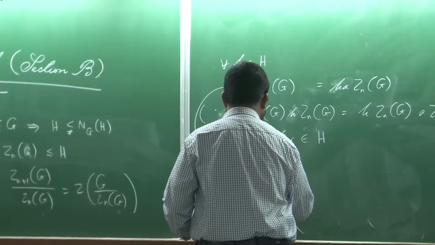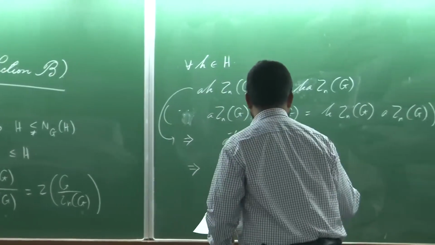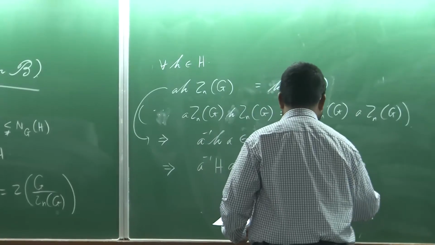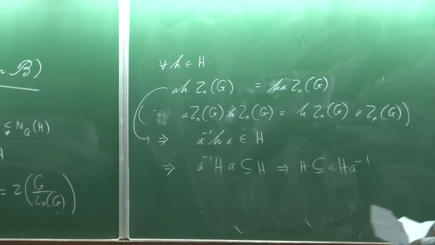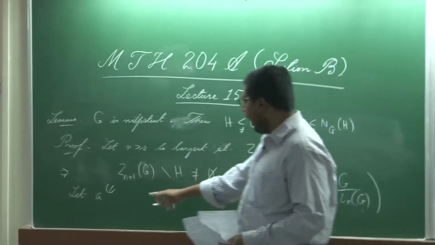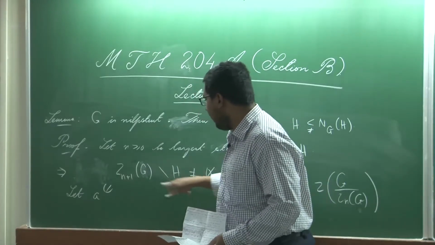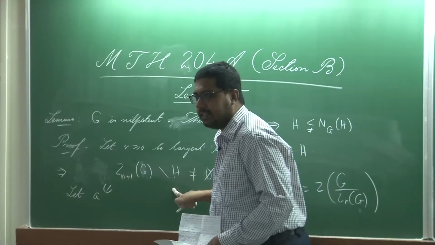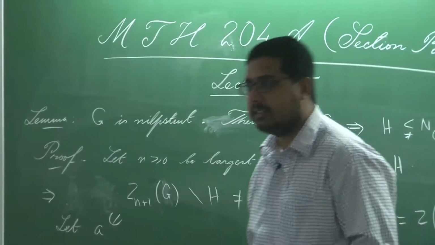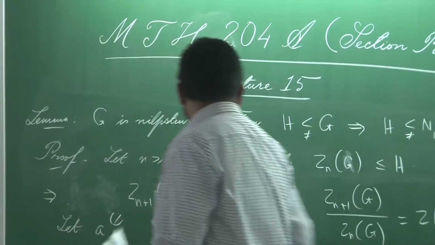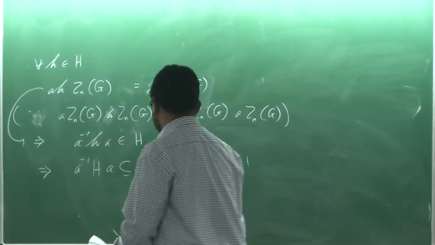So therefore we must have A inverse HA a subset of H, proving H must be contained in AHA inverse. So this holds for any A lying here. Now observe that if A lies here, then A inverse also lies here, because if A inverse lies in H, then since H is a subgroup, A has to lie in H. So this conclusion also holds when we replace A by A inverse.